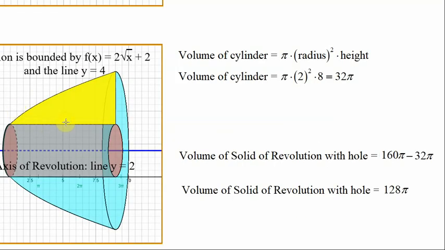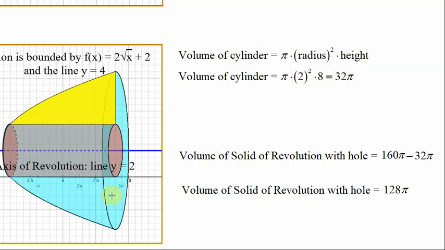Here once again is the solid with the hole. This hole is just a cylinder, and the height of this cylinder is 8, because we're going from 1 to 9, and the radius is 2. So the volume of this cylinder is pi times the square of the radius times the height, which gives us 32 pi.